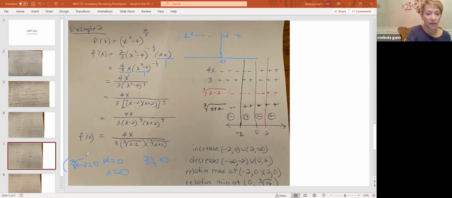So I cube that side, and I cube this side. What happens when you cube a cube root? Doesn't it go away? And that left me x minus 2. And what happens when you cube 0? Don't you just get 0? Okay. And then I added 2 to both sides and got x to be 2.